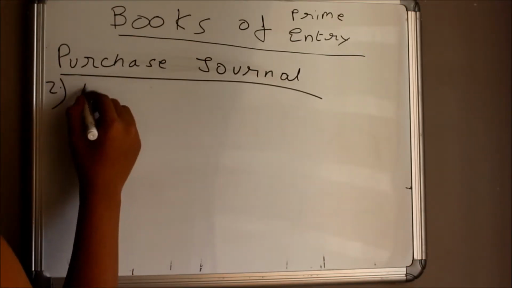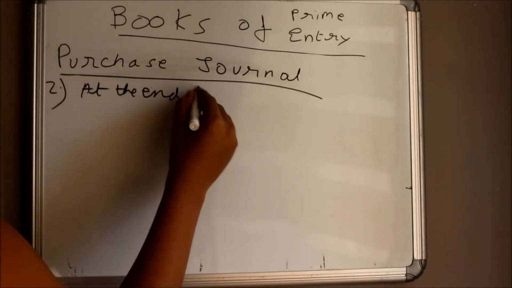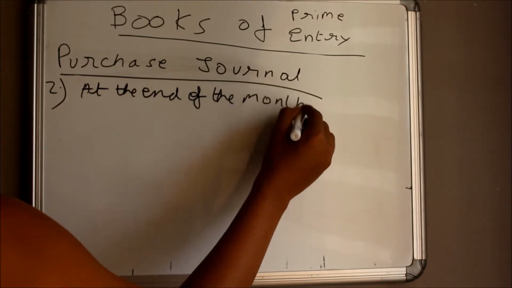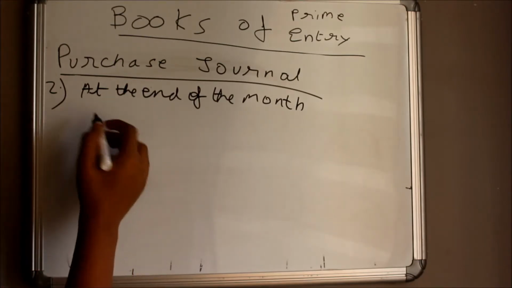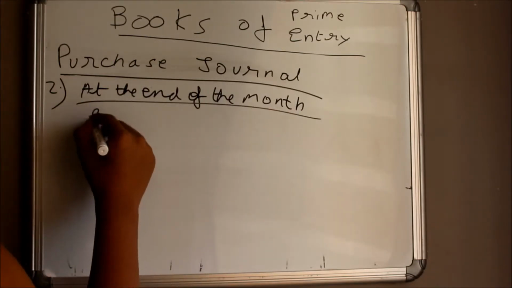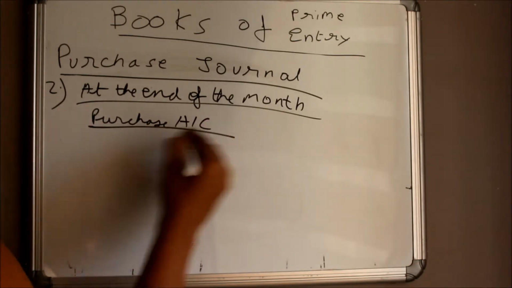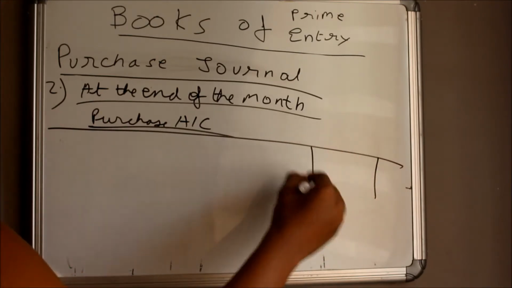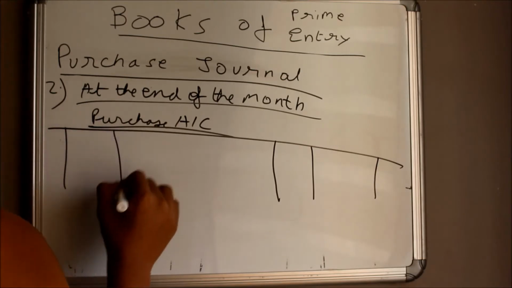So at the end of the month, we're going to create a purchase account now, and in that we're going to again write up date, detail, amount, and date, detail, amount.